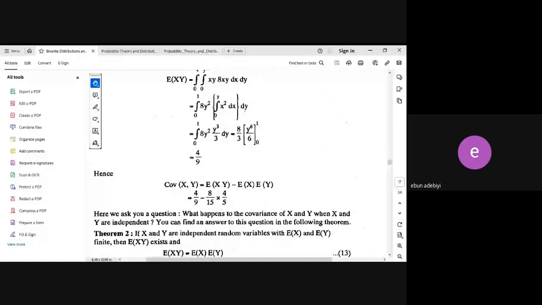The integral of x squared gives us x cubed over 3. When you substitute the value of y, it becomes y cubed over 3, minus when you substitute 0, everything becomes 0. So you have y cubed over 3. Take everything in this curly bracket first. I got it now.